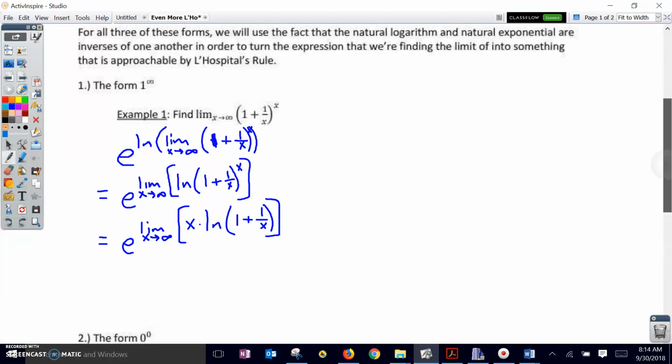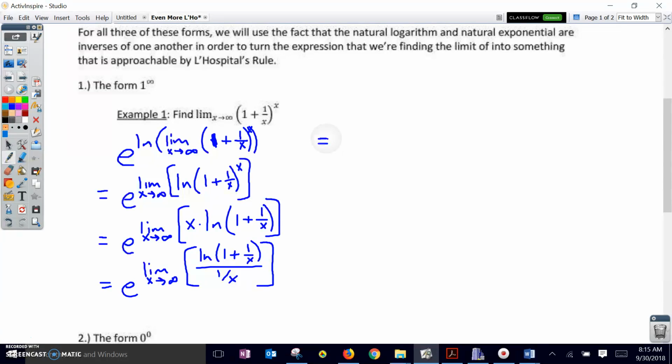And so I can apply L'Hopital's rule on this particular limit by turning it into something of either the form 0 over 0 or infinity over infinity. In this case, it will turn into natural log of the quantity 1 plus 1 over x all over 1 over x. And now I can apply L'Hopital's rule.